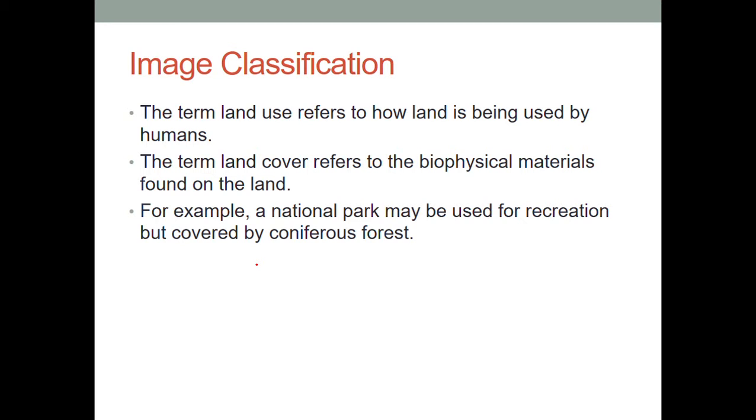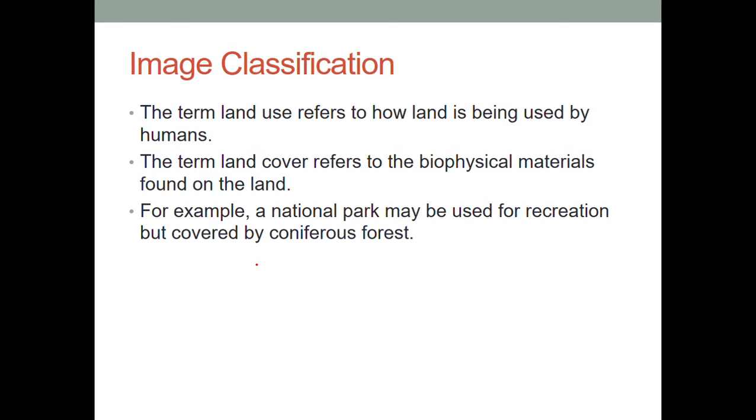So the term land use refers to how land is being used by humans. Land use basically tells you about the human activities on the area, or socioeconomics. Land cover, however, is much different. It refers to the biophysical materials found on the land. Alright.